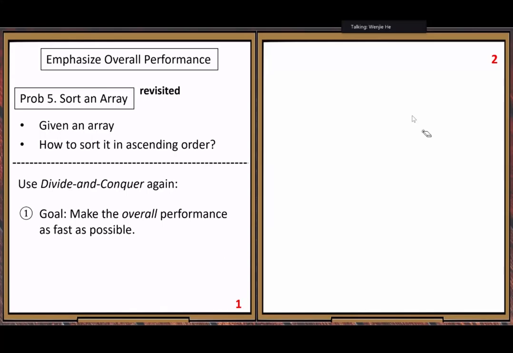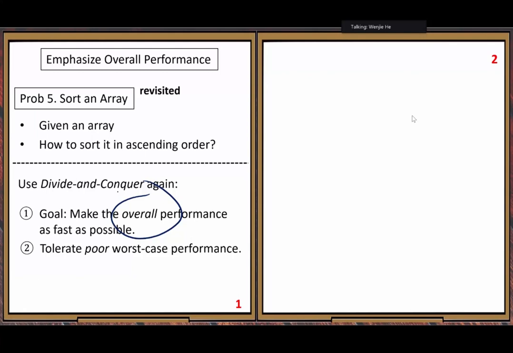But the question is, it is pretty hard to control the overall performance, right? How do you control the overall performance? In order to get the best possible overall performance, you may need to sacrifice somewhere.